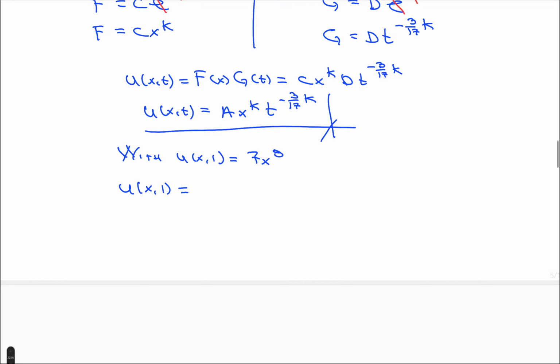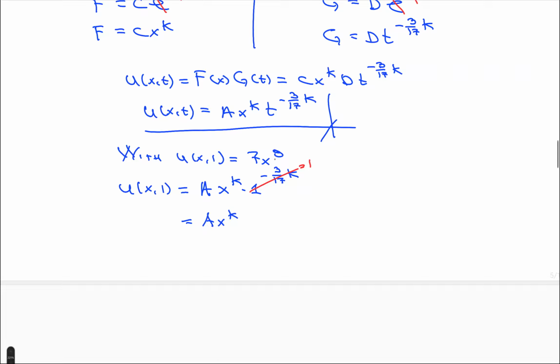That equals a x to the k times 1 to the negative 3 over 17k. But in this case, 1 raised to this number, whatever that number is, is just going to be equal to 1. And that's going to leave us with a x to the k power.